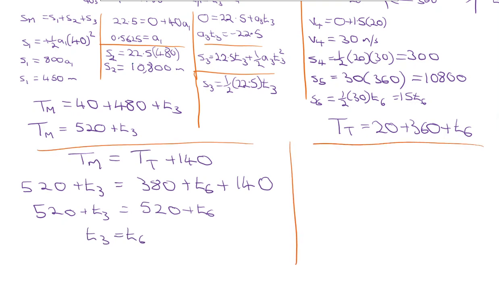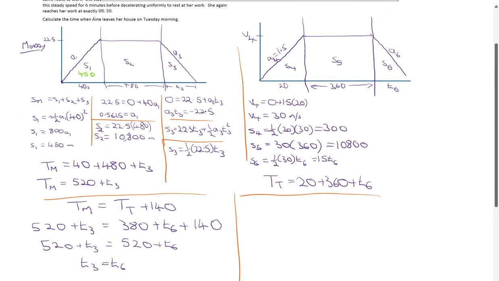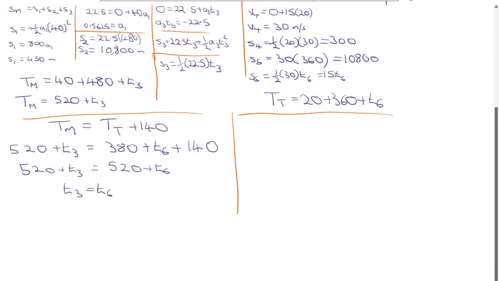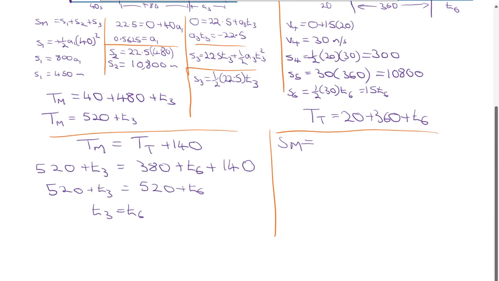Jeez, I'm jumping left and right, but anyway, you guys have paused. So we've used the times because we know they've got the difference, and that has given us something. What about the distances? We know the distances are the same. So let's just write down the distance on Monday is 450 plus 10,800 plus S3.